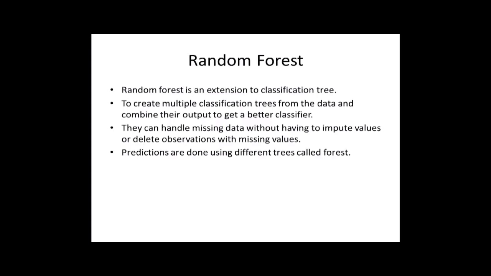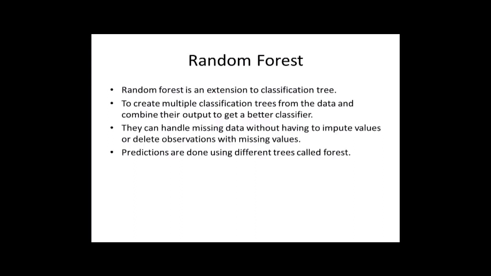The algorithm is efficient with respect to a large number of variables since it repeatedly subsets the variables available. A random forest model is typically made up of tens or hundreds of decision trees. It is an extension to the classification tree.